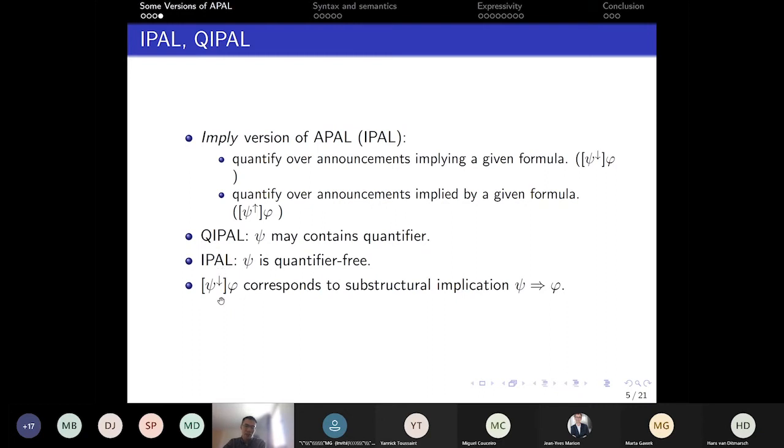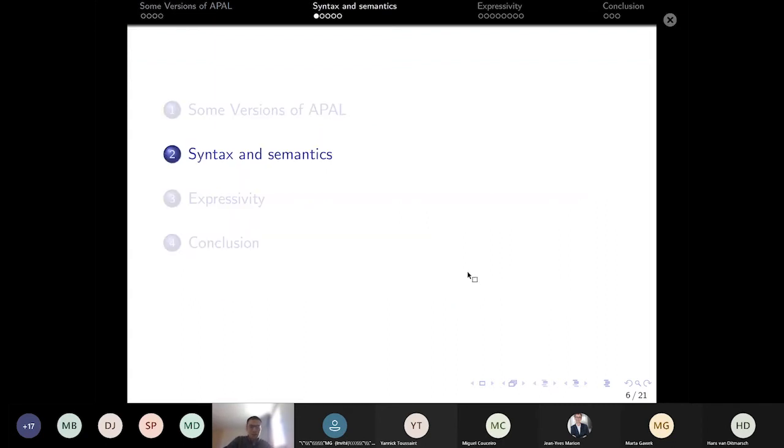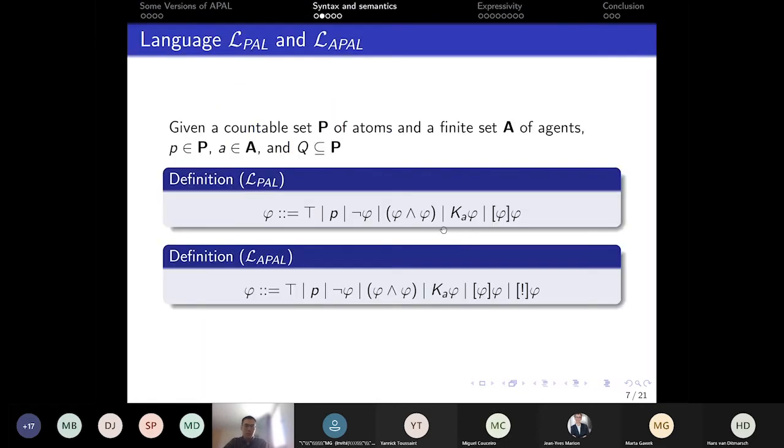A motivation of this IPAL is that formulas like after any announcement implying psi, phi is true correspond to the substructural implication that psi implies phi.